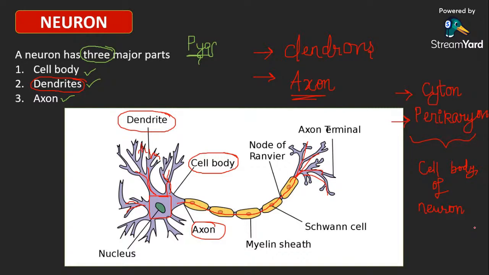Clear, everybody? So there are various other parts in the neuron, but firstly we have to understand that there are three major parts: cell body, dendrites, and axon. In the upcoming slides, we will learn about each of these things in detail.